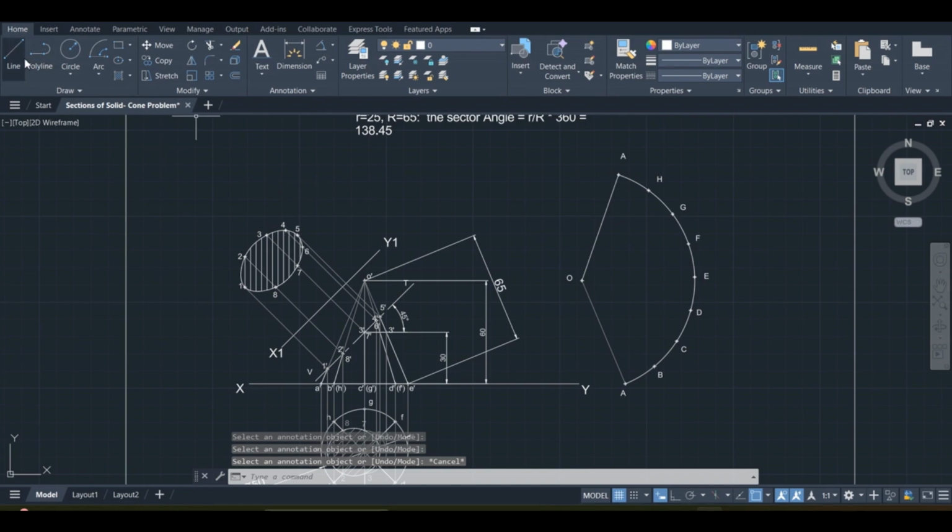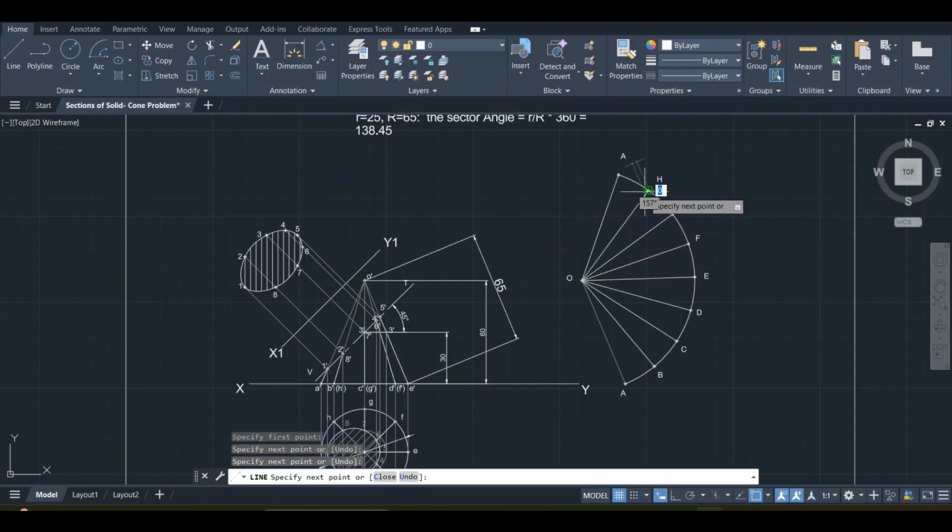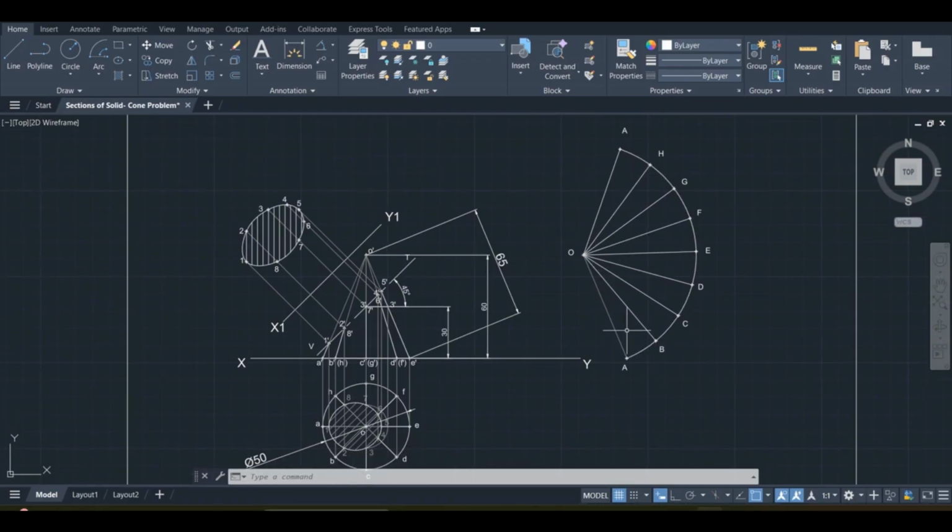Escape now. Draw the lines from these points to apex point. These are all the generators: AO, BO, CO, up to HO, and the last one is again AO, right? So now we got all the generators.